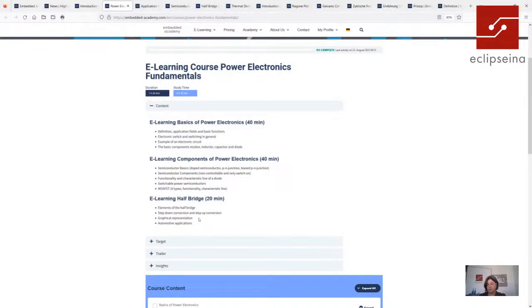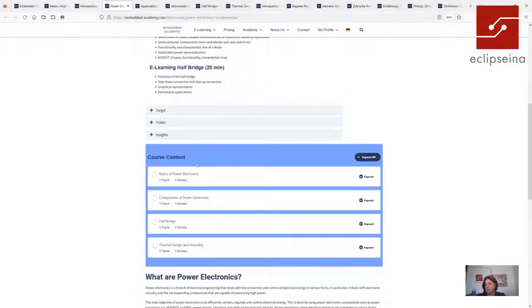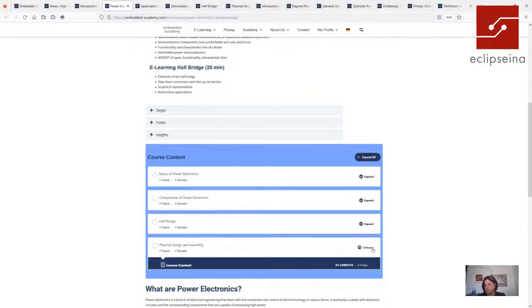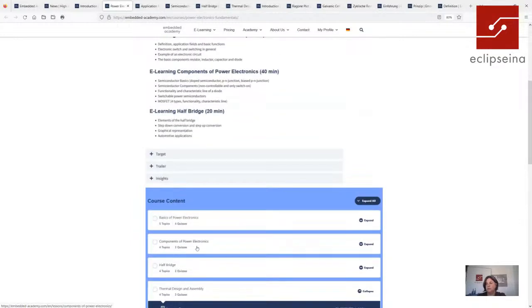It's the background know-how, how it's designed and how it's working, but also the concrete application. And the last part, which is not yet in the description, but here in Expand you will see it, is thermal design and assembly with some application examples. So this is the new course.